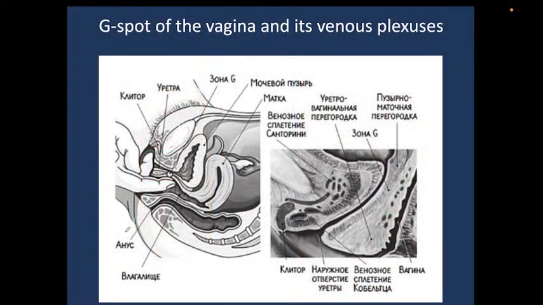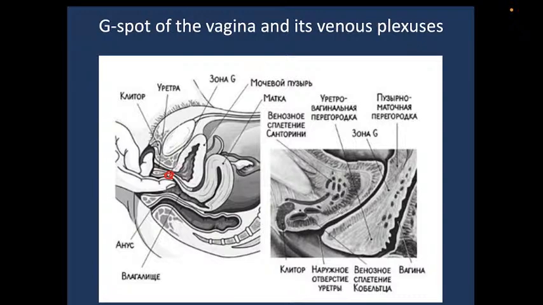But then, here you see this point, G point or Grafenberg spot, but actually in the last decades there have been a lot of anatomical and histological examinations of this part.